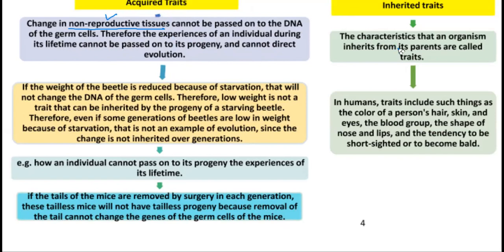While on the other hand, inherited traits are those which are inherent. Ma'am, acquired are those which we learn during our lifetime and which we do not get from our parents. Right. So for inherited traits, DNA is present, right? Have you ever heard about DNA coding? Not really, ma'am. Okay, no issue.